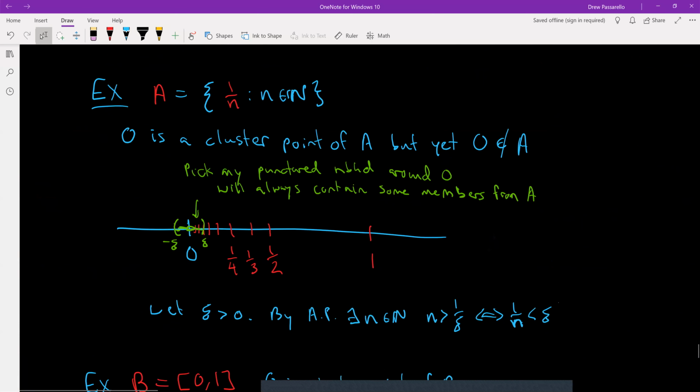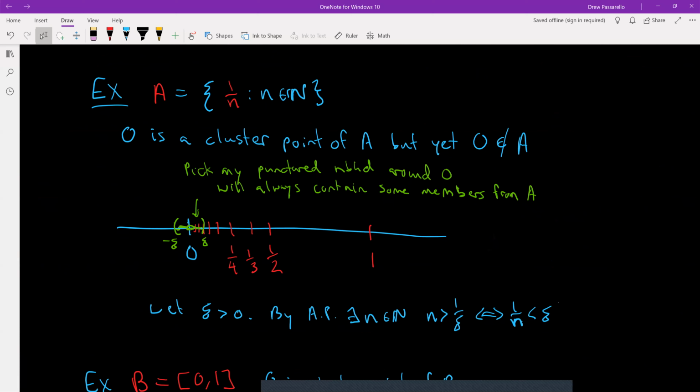Let's consider the set A to be the set of 1 over n, where n is a natural number. So that's like 1, 1/2, 1/3, 1/4, and I have it marked in red dashes on the real number line. 0 is a cluster point of A. 0 is a cluster point because if you pick any delta, any radius around 0, you form a punctured neighborhood around that.